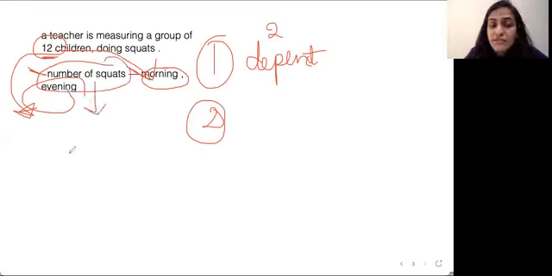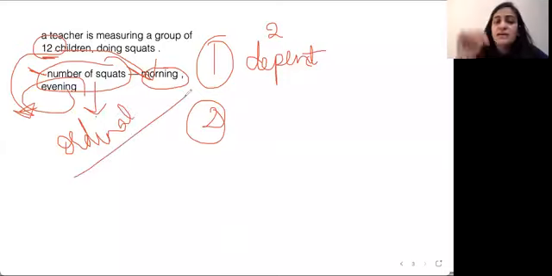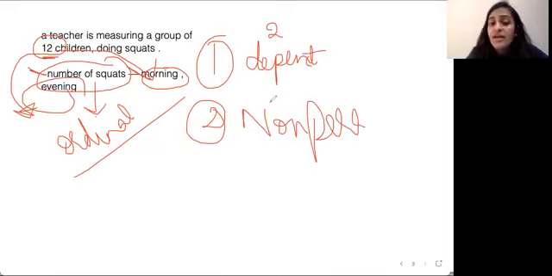So if my dependent variable is an ordinal, what do you think is my test? Is it a parametric test or is it a non-parametric test? So it's a non-parametric test. So I have come up to 2 conclusions, okay? That I have 2 dependent groups and a non-parametric.